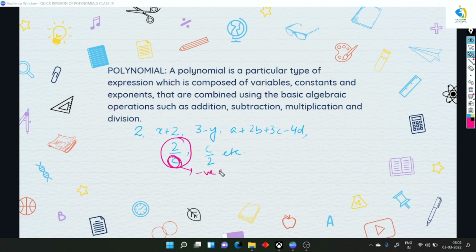It should not have a negative exponent. It can be written as 2c to the power minus 1, and this minus 1 is not acceptable. This minus 1 is not a condition satisfied by a polynomial. It is an expression but not a polynomial.